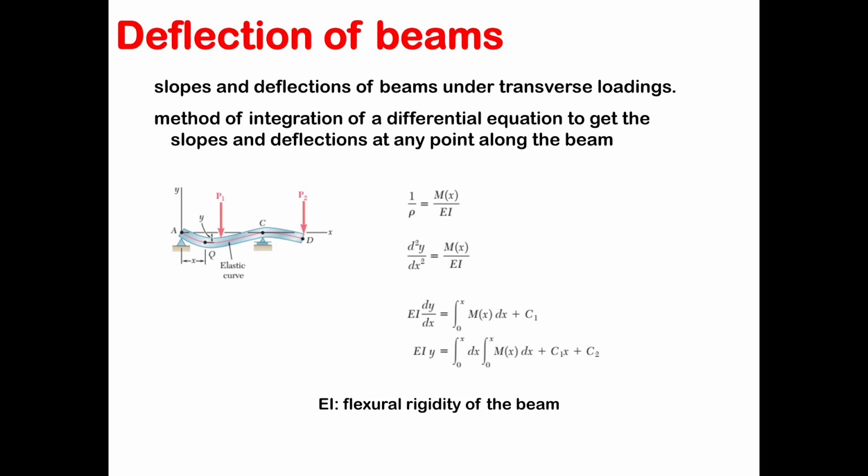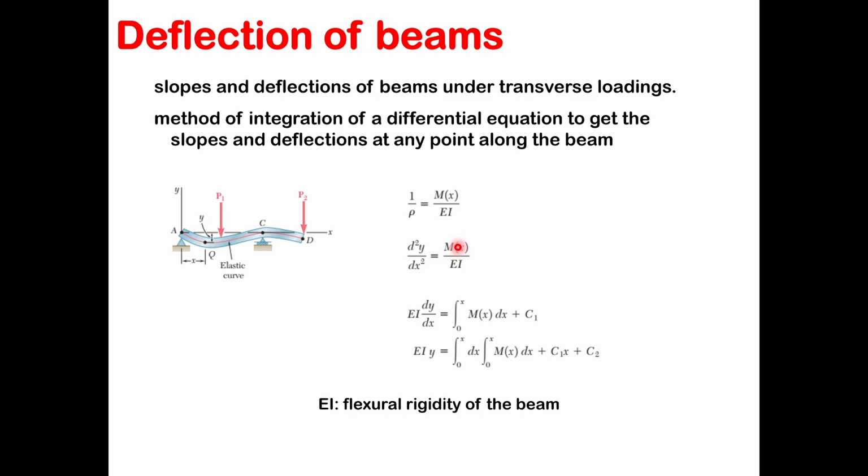Let's write the equations we have had for the relationship between the moment and the curvature. You already remember that from very early on in our discussion, 1 over rho is going to be equal to M of x over EI, right? We can always replace 1 over rho with the second derivative of y with respect to x squared.